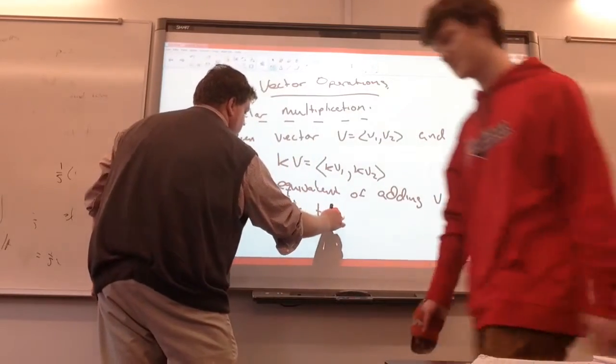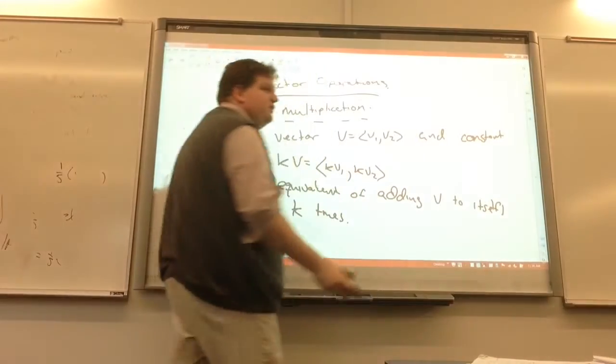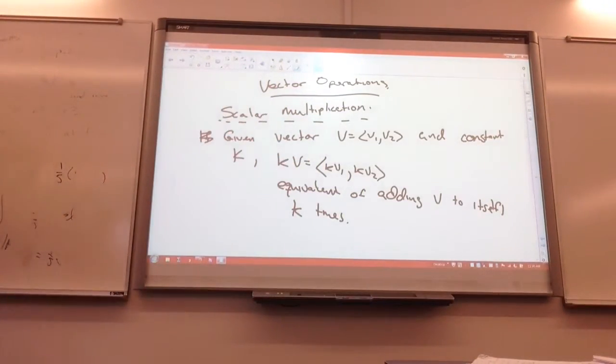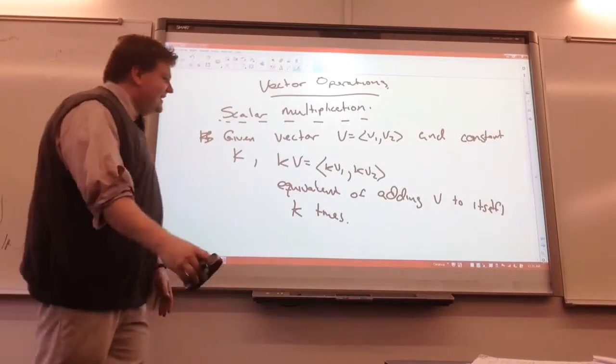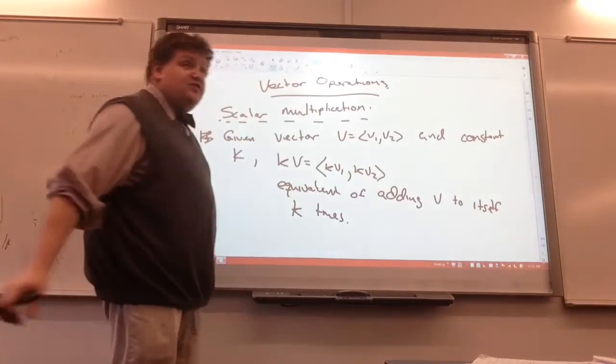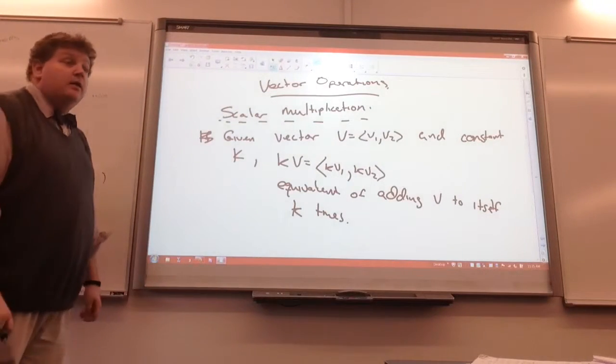So if k was 3, it'd be v plus v plus v, just like regular multiplication. That's what regular multiplication means, and that's essentially how it works.